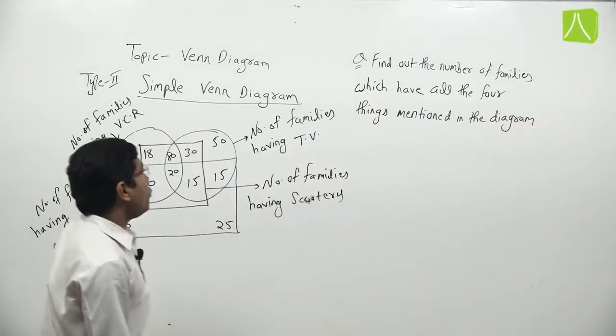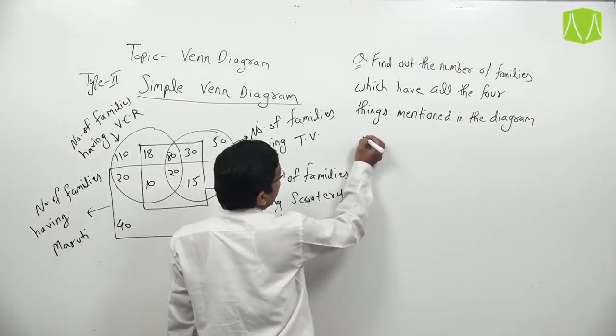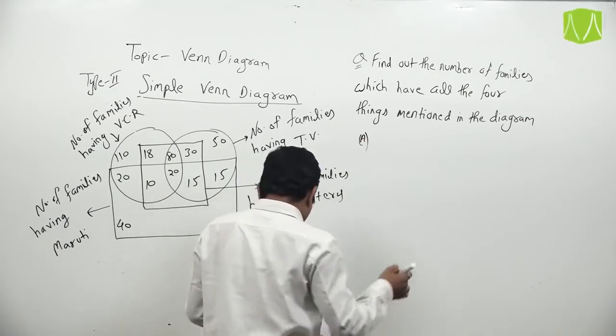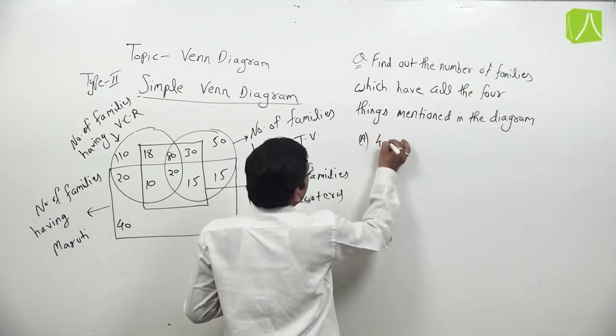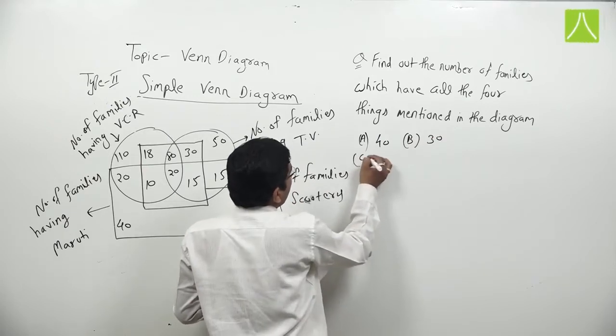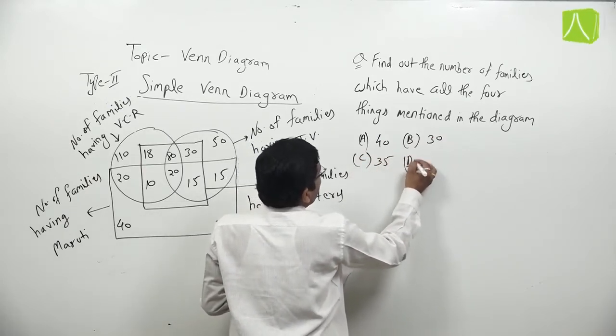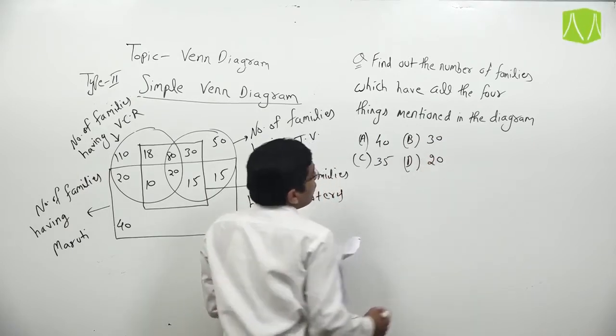Now we have to find how many number of families have all the 4 things mentioned in the diagram. Our options are 40, first option, second option is 30, third option is 35, and fourth option is 20.